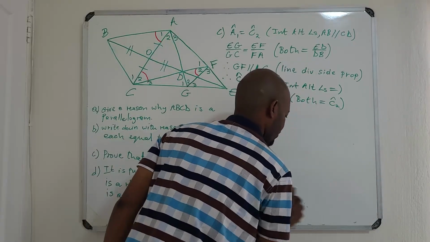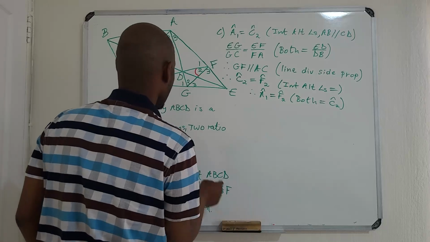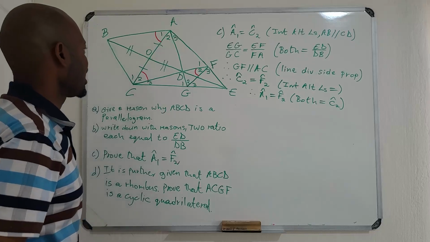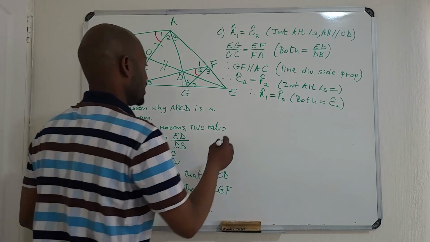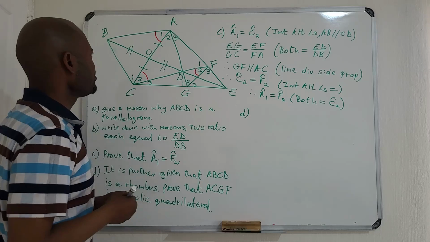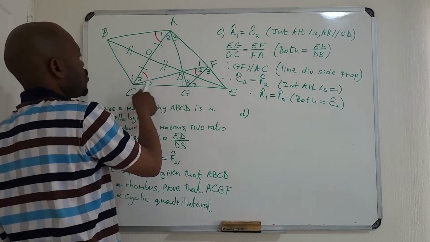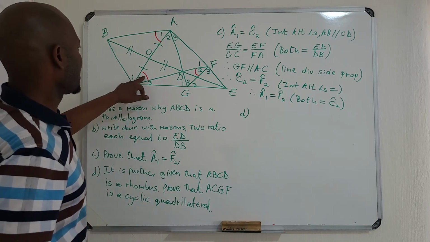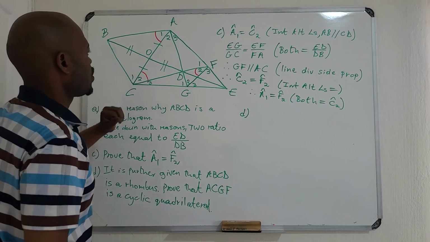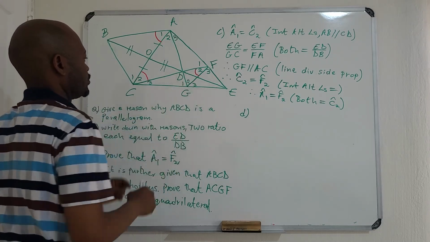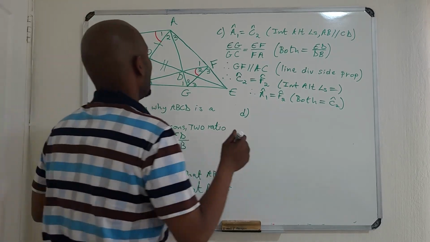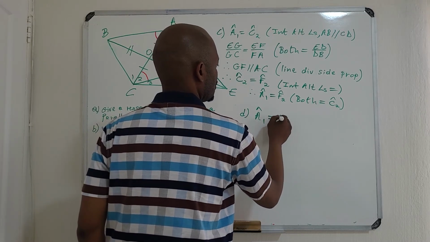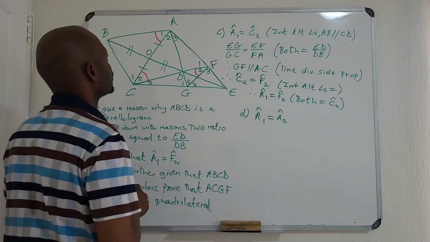For me to prove that ACGF is a cyclic quad, I know that this angle here is equal to this angle there. Now, angle A1 is equal to angle A2.